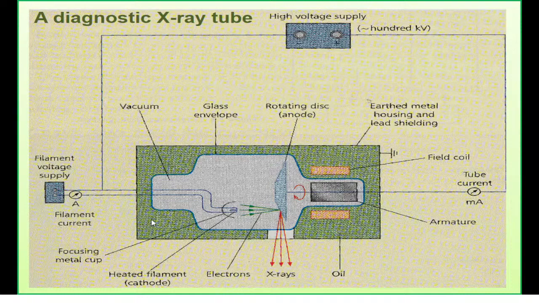To be heated, this filament emits electrons, and these electrons emitted by the filament then are accelerated into the space between anode and cathode. The anode is of disc shape and it is rotating.